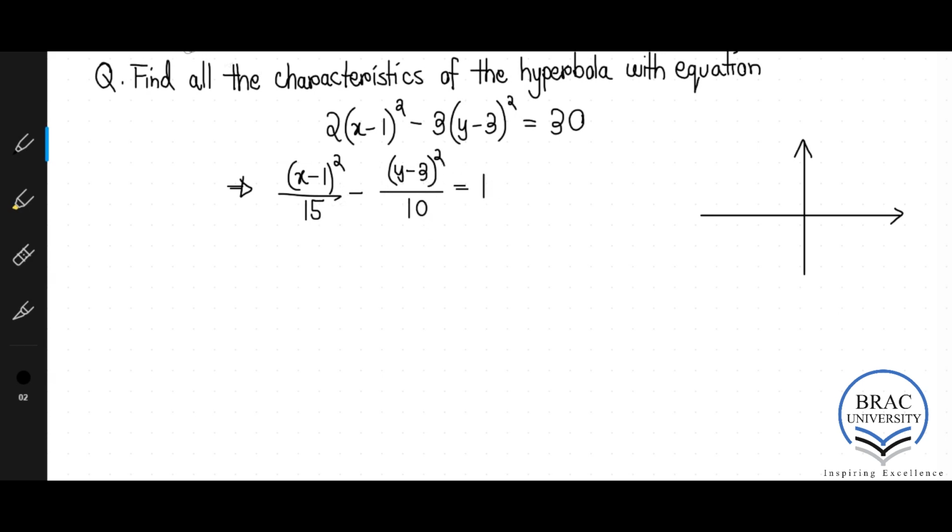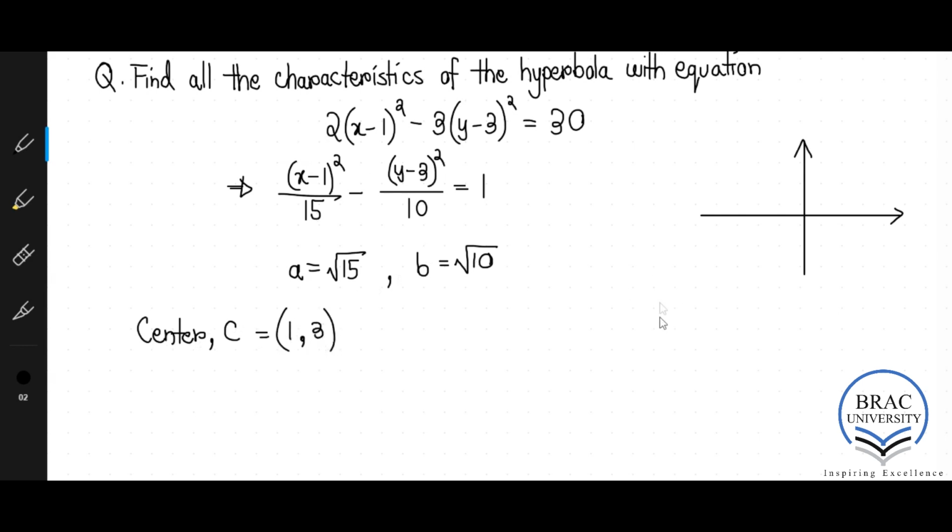Now this gives us the form for a, right? A here is not 15 but square root of 15, and b is the square root of 10, since the bottom should have a squared and b squared. Alright, so let's go ahead and plot down the center. The center C is equal to (1, 3), as you remember, (h, k).